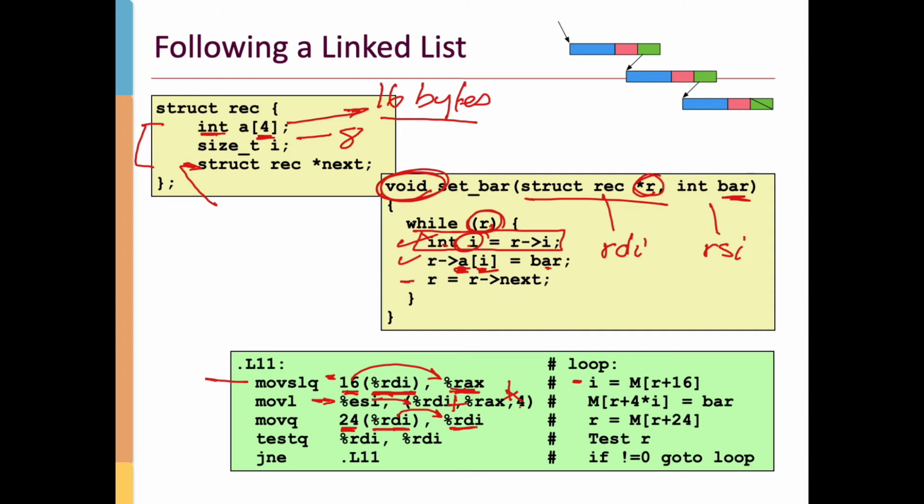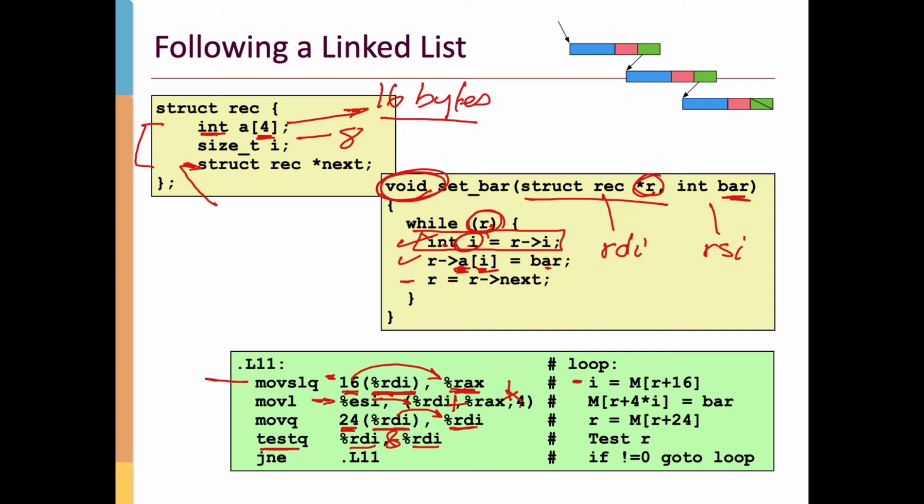So that updates RDI. Now we've got to check to see if we're at the end of the linked list. That's going to be true if the value of RDI is 0, so we run a test instruction, which does the equivalent of a logical AND between RDI and RDI, purely for the purpose of deciding what the condition codes should be.